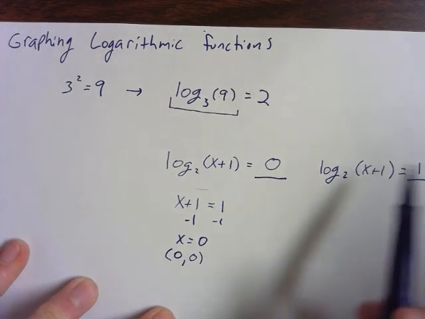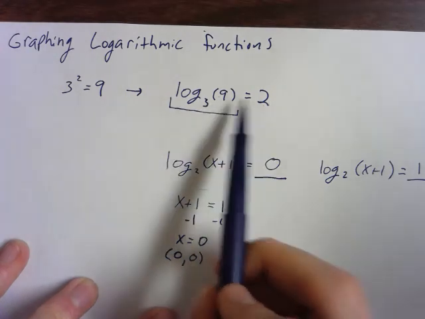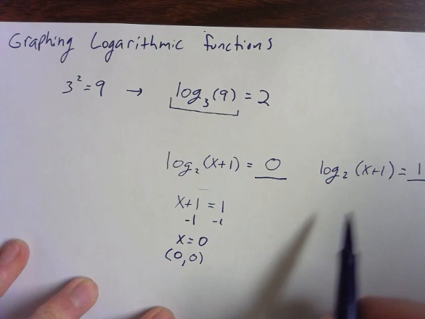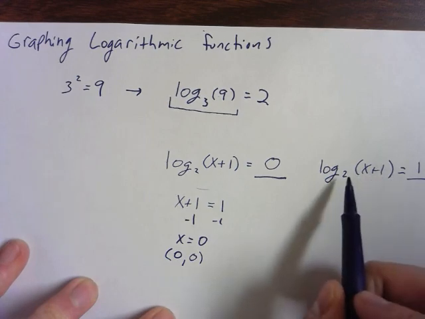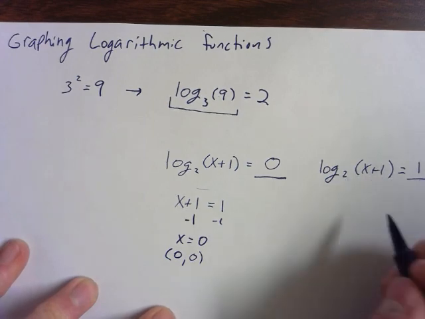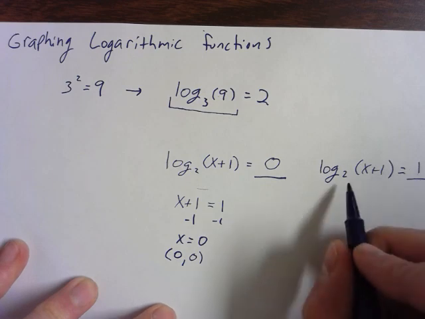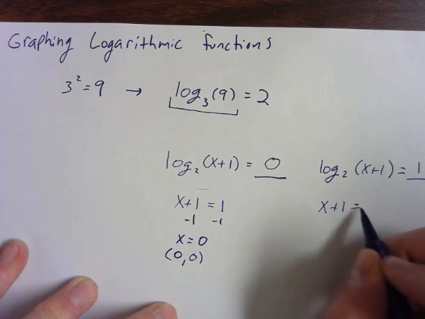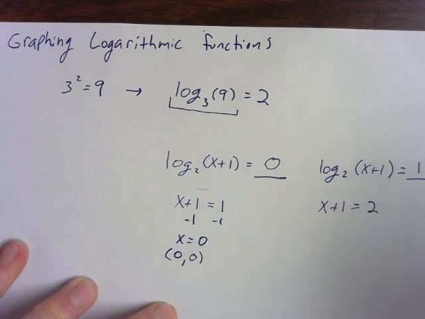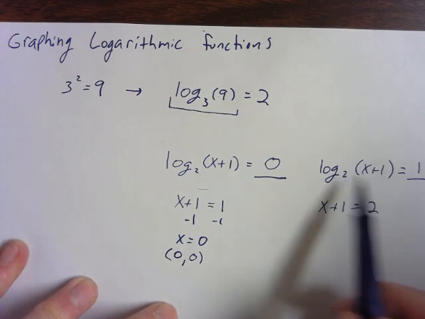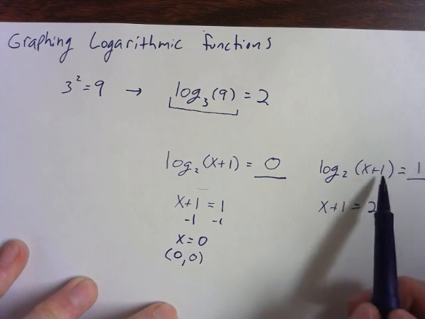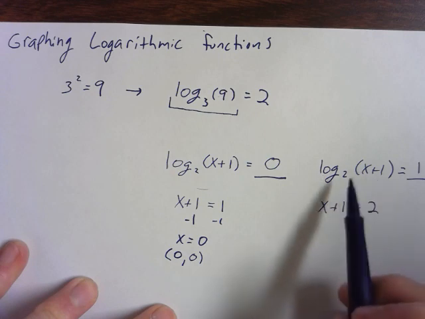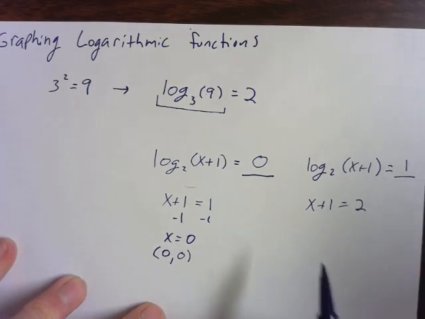Once again, I have 3 to the second power equals 9, so here I have 2 to the first power equals x plus 1. And 2 to the first power is 2. Anything to the first power is just itself. So x plus 1 must equal 2 if my logarithm is going to equal 1.